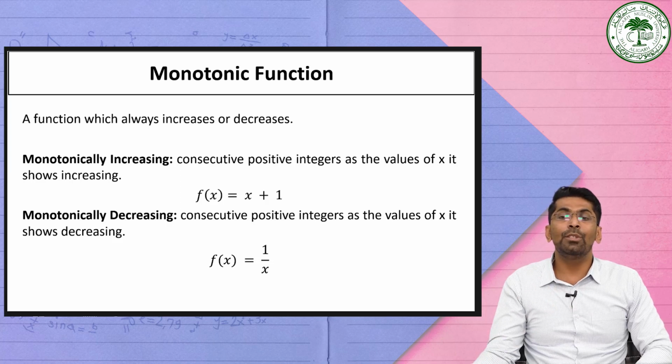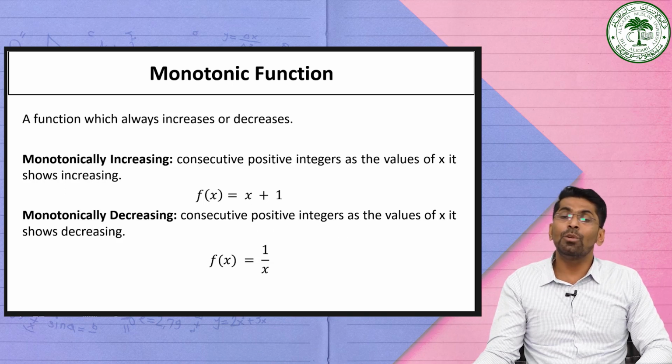If x is equal to 1, then f of x is equal to 1. If x is equal to 2, then f of x is equal to 1 by 2. If x is equal to 3, then f of x is equal to 1 by 3. So it is continuously decreasing if you assume consecutive positive integers for x.